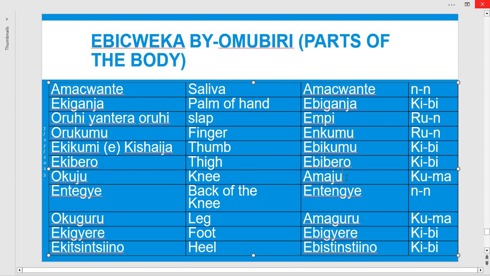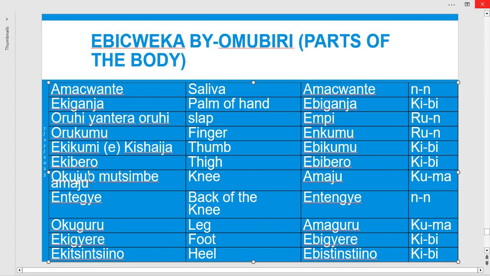Then that's called amaju. If I say kneel down, that is musimba amaju. Musimba amaju, meaning kneel down.